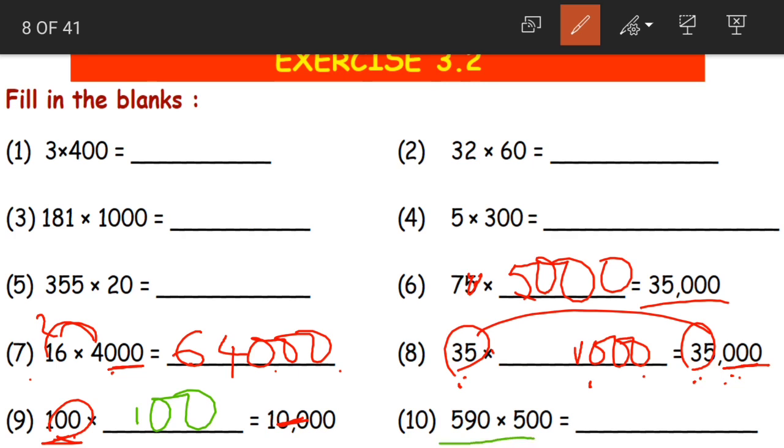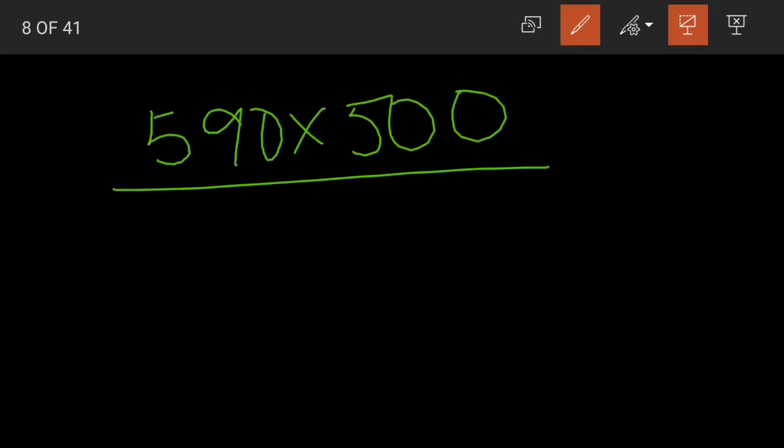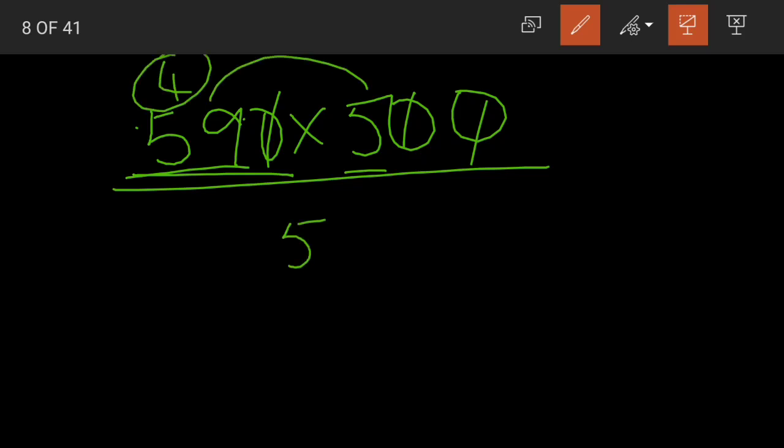And lastly 590 into 500. Okay, children. There are two ways of multiplying. First, multiply 590 by 5, or just forget about the zeros. Multiply 59 with 5. 5 9s are 45. 4 carried. 5 5s are 25.